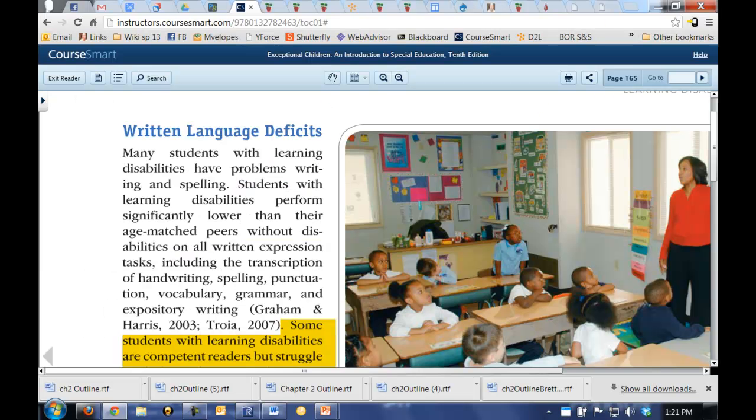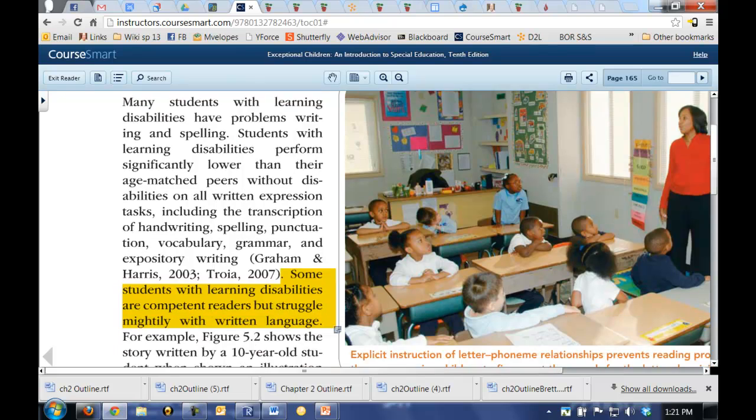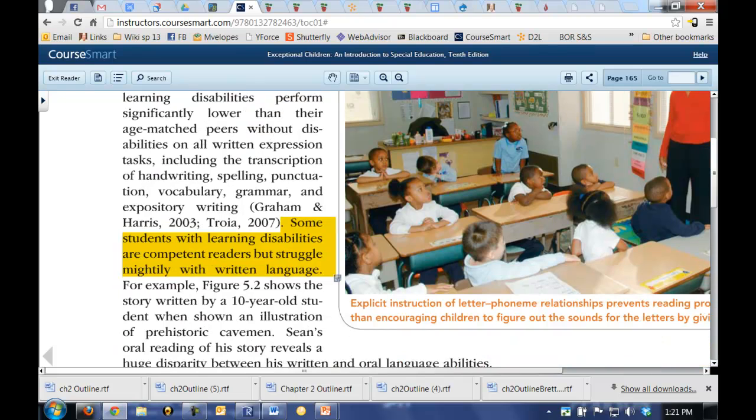Many students with learning disabilities have problems writing and spelling. Students with learning disabilities perform significantly lower than their age-mate peers without disabilities on all written expression tasks, including transcription of handwriting, spelling, punctuation, vocabulary, and grammar. Some students, right here in the yellow, some students with learning disabilities are competent readers but struggle mightily with written language.